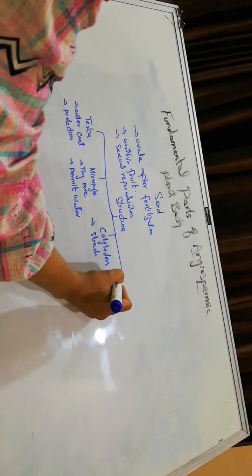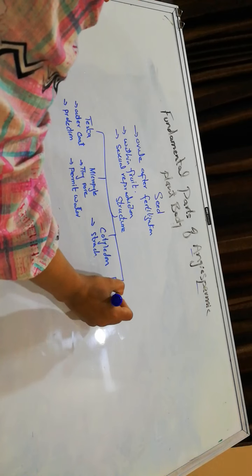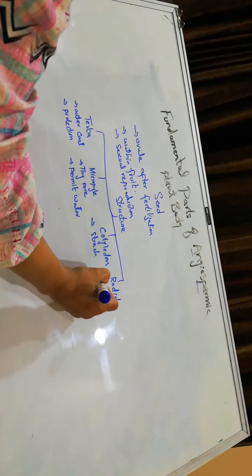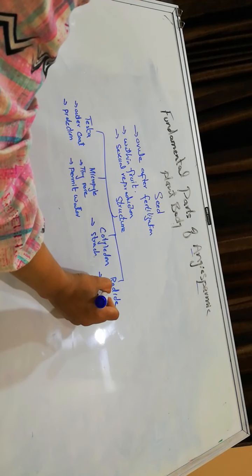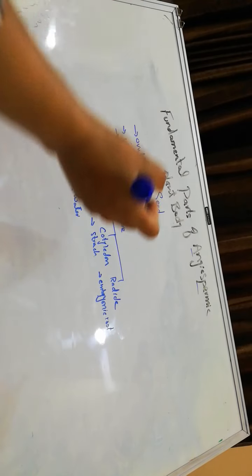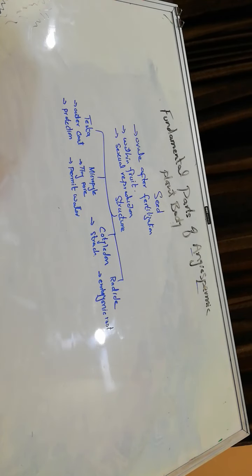Next portion is the radicle. Radicle is basically the embryonic root, which develops into the primary root of the plant after the process of germination.